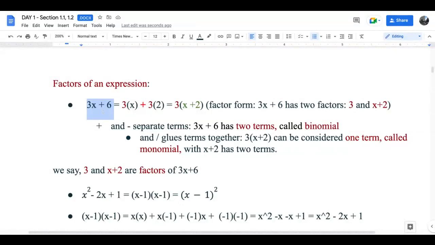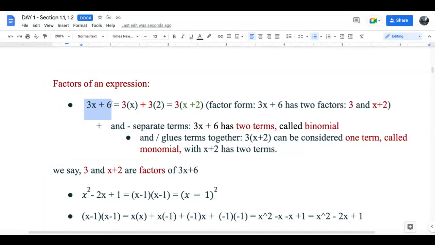And we call this a binomial because there are 2 terms, right? 3x is 1 term. Multiplication and division are like glue, right? So 3 multiplied by x, we consider as 1 term. We consider it as one thing. 6 is another term. So plus separates 3x and 6 as 2 terms.